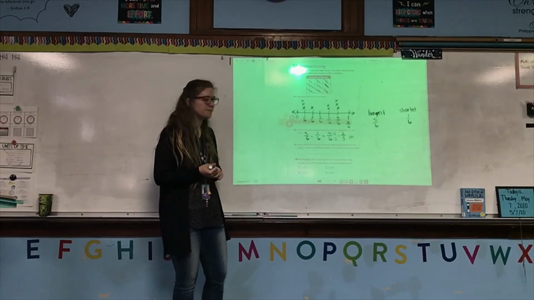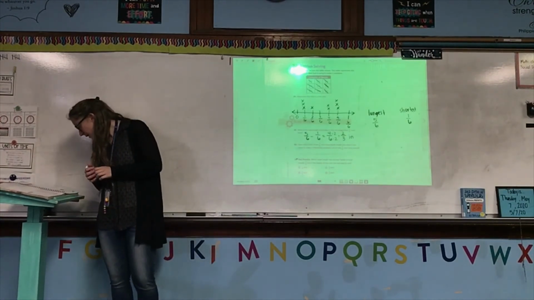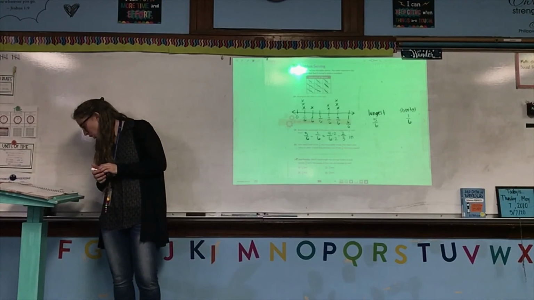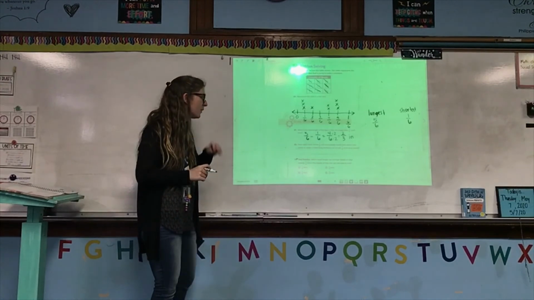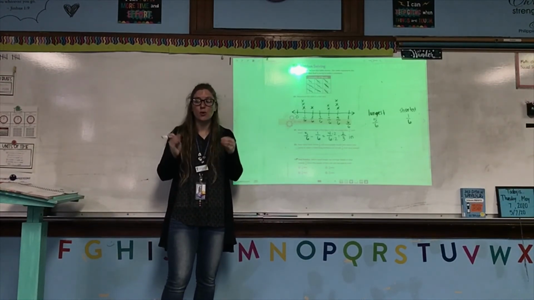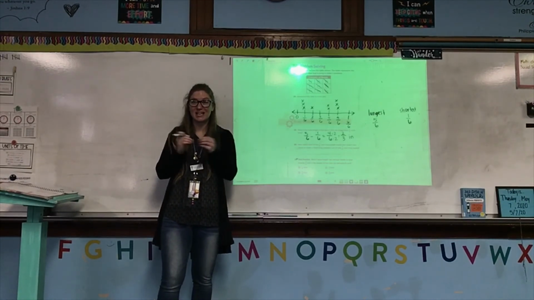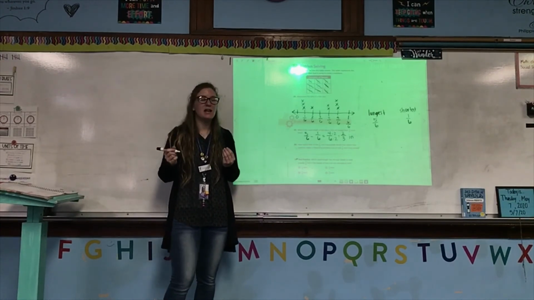Okay, number 30. It's probably different in your book, so let me check mine. What is the total length of the beads that are 4/6 of an inch long? So what that means is if we put those beads that are 4/6 of an inch right next to each other and then measure that, what would that length be?